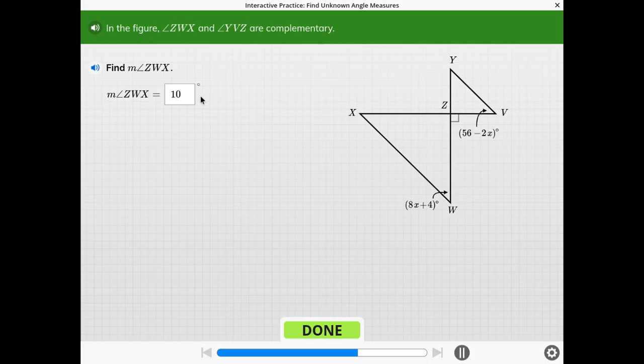So 6x plus 60 equals 90. Which means now let's just say 40 is 6x. 40 divided by 6.